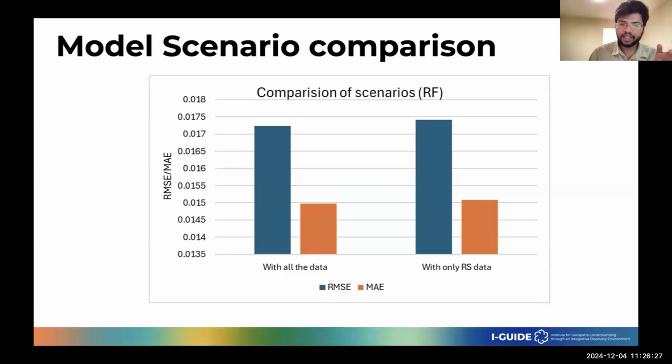The implication of this observation is that if there is a reservoir that does not have many field-based measurements, remote sensing data sets only can almost predict the reservoir storage volume change equivalent to using field-based measurements.